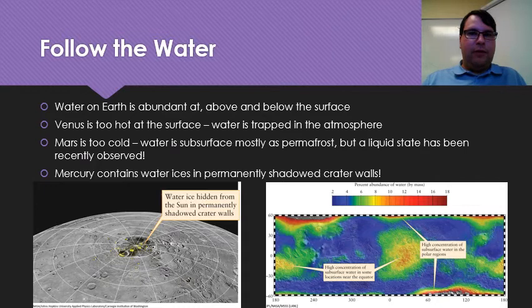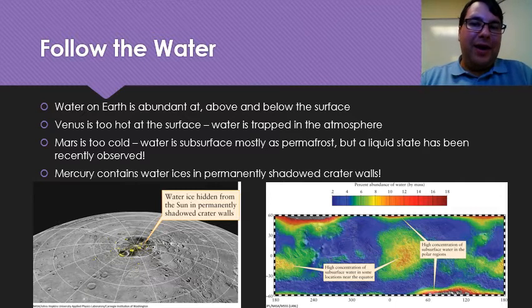It's very close to the sun, very hot. In fact, you wouldn't think Mercury has any water whatsoever. But there are a couple regions in the polar regions of Mercury where they have permanently shadowed crater walls. And these permanently shadowed crater walls are never going to be exposed to sunlight. And so water ices will exist within those small pockets. So it's not in abundance, but it is water ice that is trapped on Mercury.